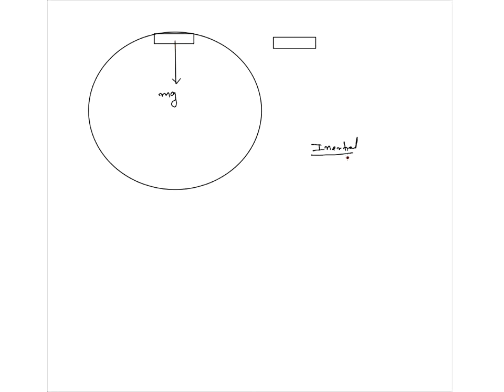If you watch from the inertial frame, it will say that because this bike is traveling at some speed and is moving in a circular path, centripetal force is required. There are two forces acting at the topmost point, mg and the electromagnetic normal reaction. Jointly, they will provide the centripetal force.